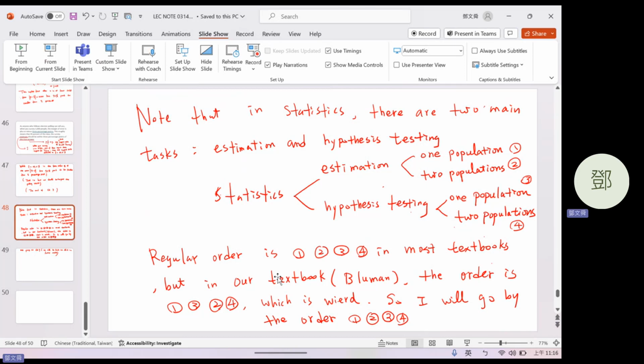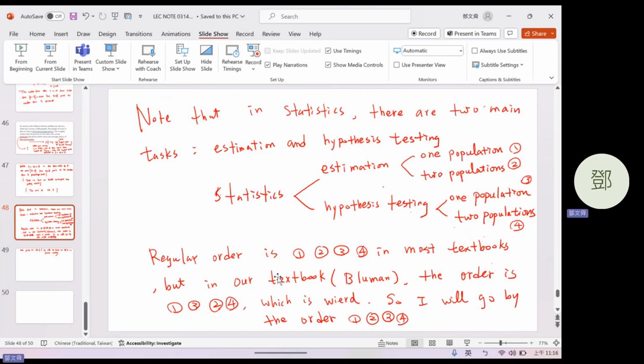And here, this is chapter 8. And this is also chapter 9. Right? Chapter 7. Right. Anyway, my order is 1, 2, 3, 4. Now it is in your chapter 7, chapter 9, chapter 8, chapter 9.